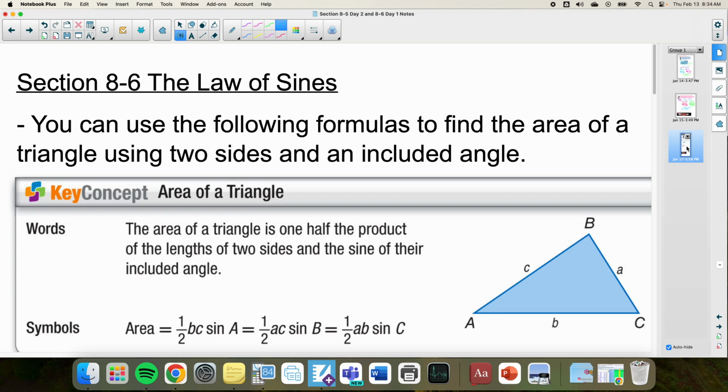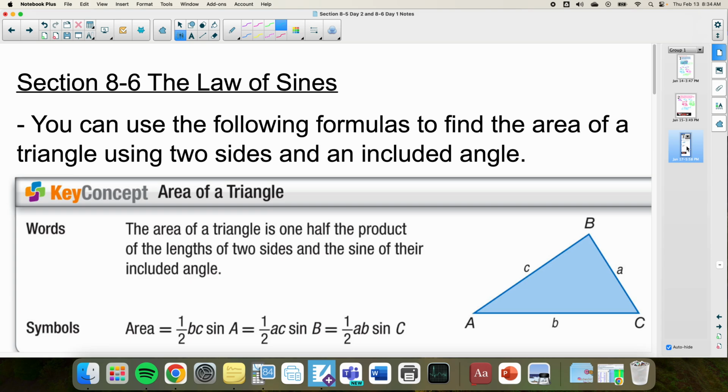Everything we did so far in chapter 8, we had a right triangle. Starting in section 8-6, we have what's called an oblique triangle, and they do not have a right angle. So everything that we've learned so far is going to be different in sections 8-6 and 8-7.